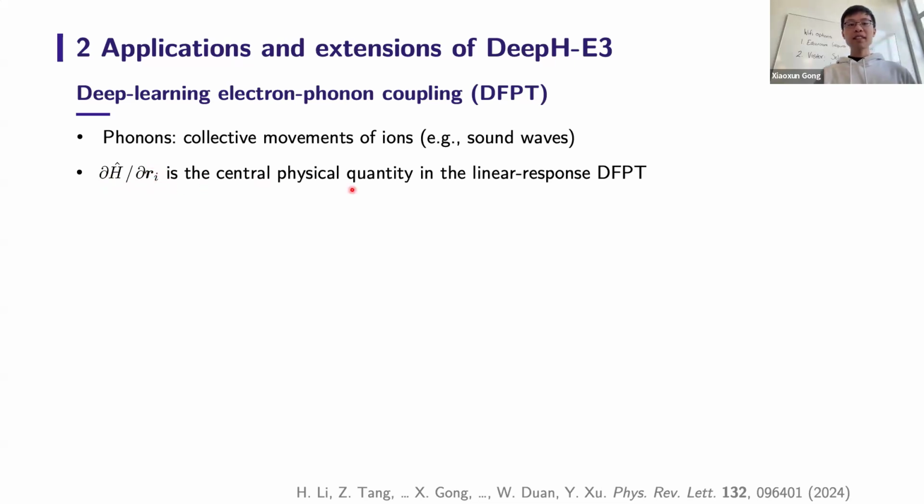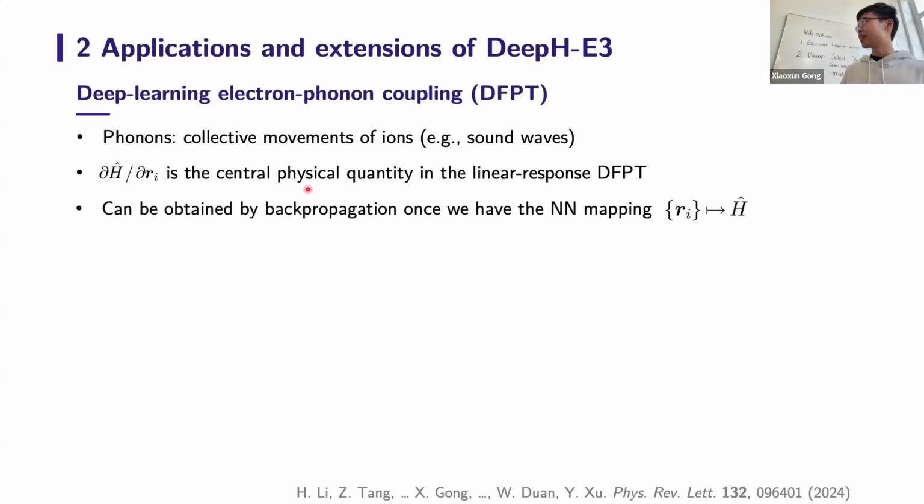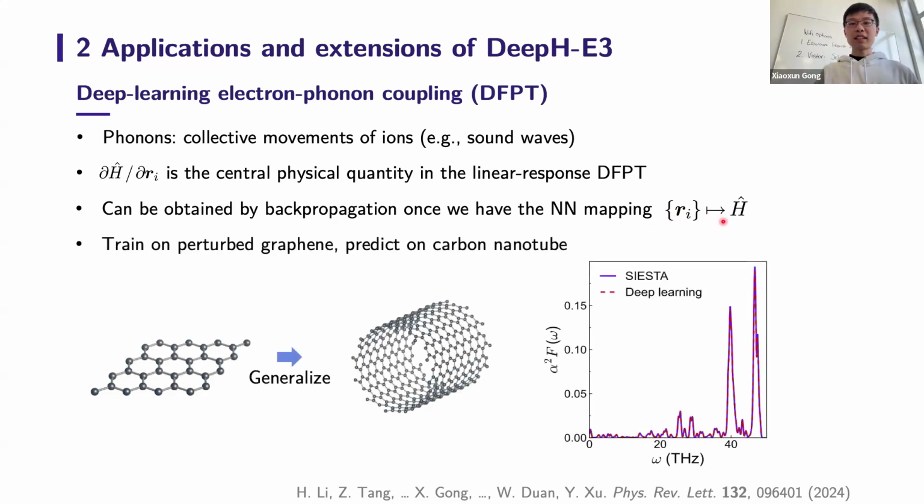This is the central quantity we want to compute. Just like in the deep potential method, where we use backpropagation to get the forces from the total energy, we can also use backpropagation to get the derivative of the Hamiltonian with respect to atomic positions, once we have the forward mapping from the atomic positions to the electronic Hamiltonian. We also follow our workflow of training on small structures and predicting on larger ones.